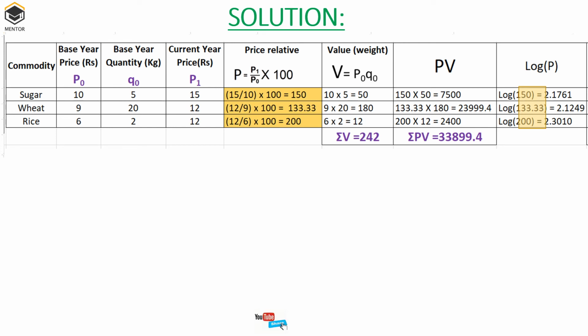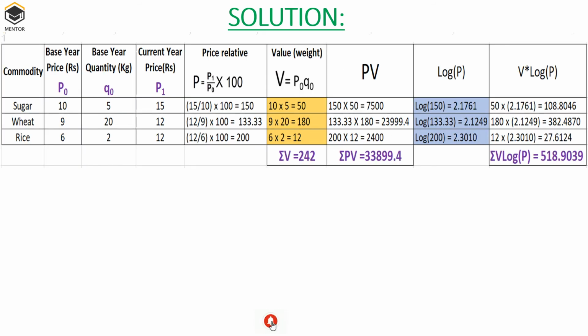What next I have to calculate? I have to multiply this log with V. So V log P I have to find in the next column. In the next column I am going to multiply V and log P. I have highlighted with different colors here. This is my V value: 50, 180 and 12. What is my log value? 2.1761, 2.1249, 2.3010.